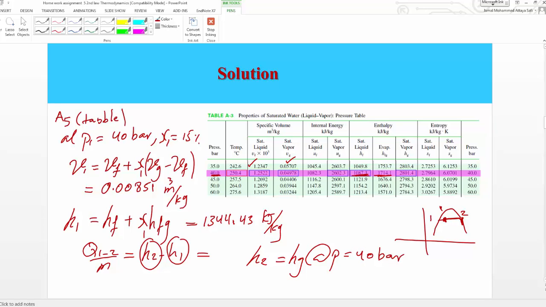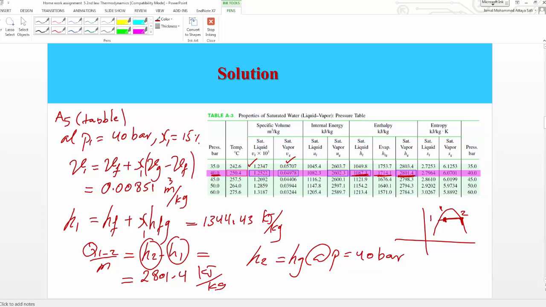So 2 is every property at 2 that I need to find will be the G value from the table. So H2 will be Hg at the same 40. If you do this calculation, you will find that H2 is 2814 kilojoule per kilogram.